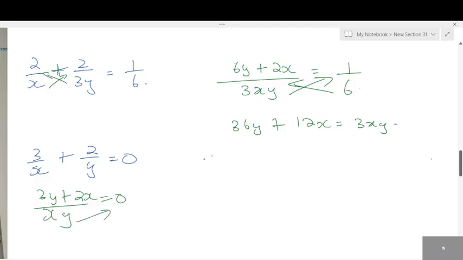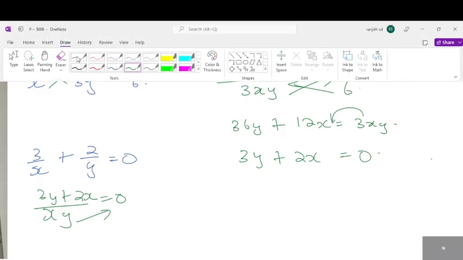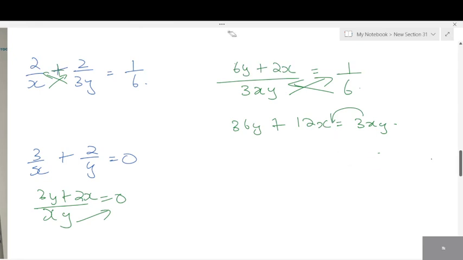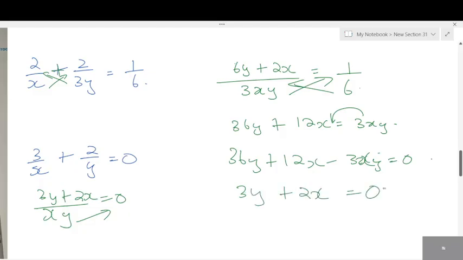So when you cross multiply, what do we get, students? 3y plus 2x equals 0. Shift this to the left hand side. Look here, when you shift to the left hand side, 3xy plus 12x minus 3xy is equal to 0. Second equation is 3y plus 2x is equal to 0.